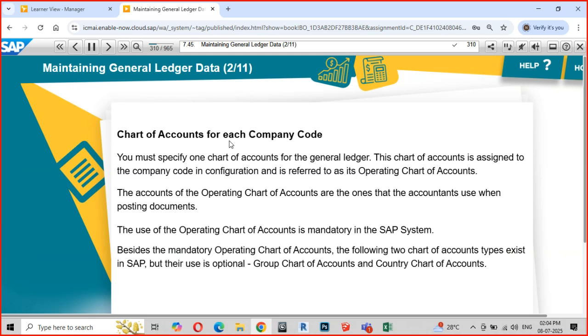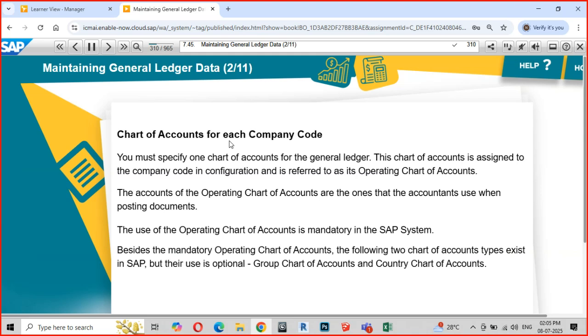Clear? So be prepared for such an exhaustive coverage of this particular topic, because being from the finance background, you need to understand the importance of this entity.